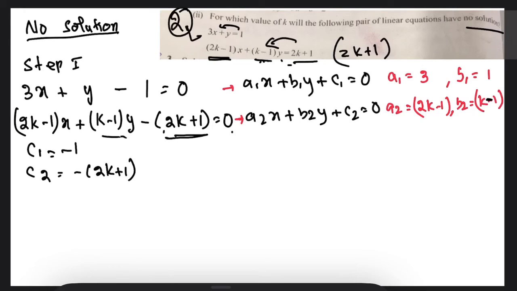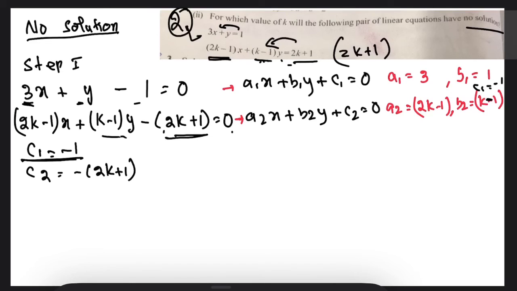Equals 0. So you compare the first equation with a1x plus b1y plus c1 equals 0. This is our standard general equation. So you compare with this. a1 is 3, b1 is 1, and c1 is minus 1.